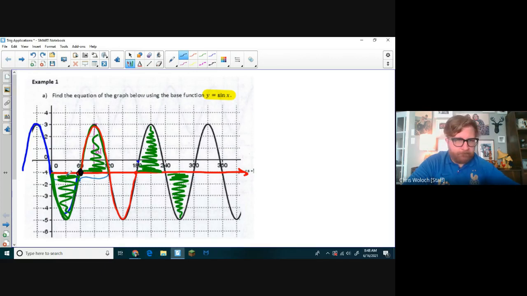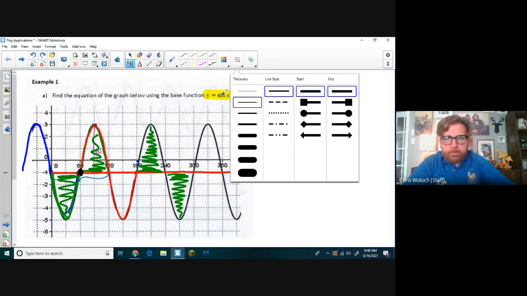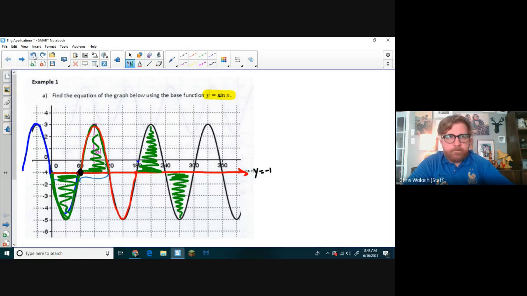So here I have y equals -1, so the axis of the curve is y equals -1. Okay, cool.